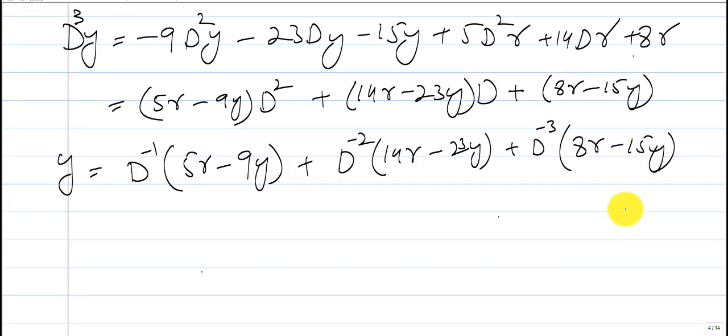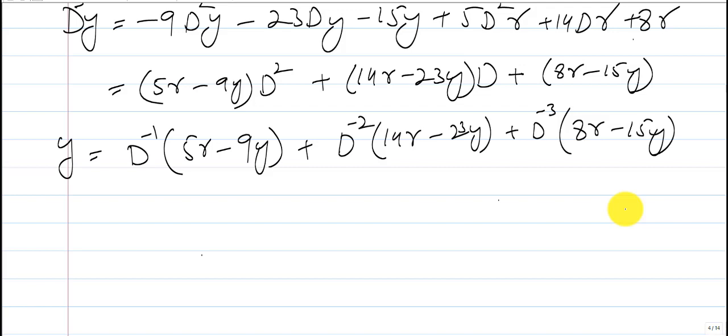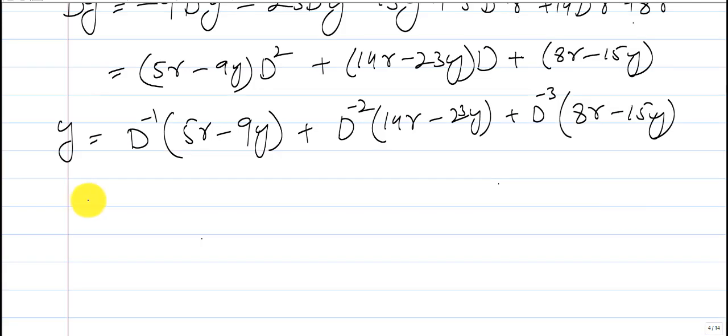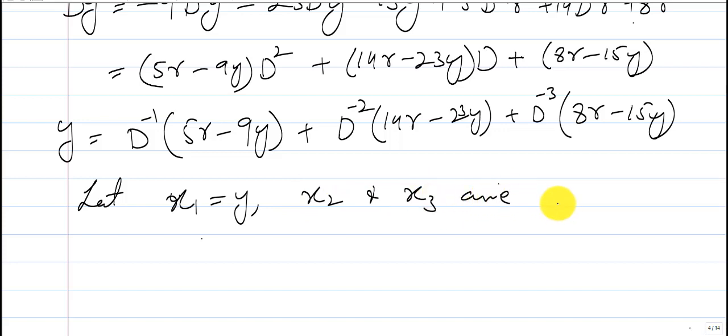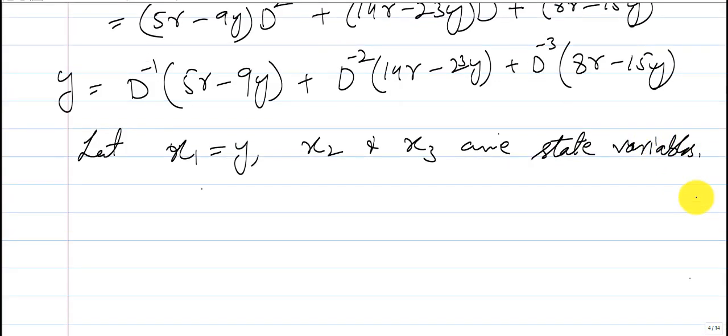Now let's define some state variables. We define x1 equal to y, and then x2 and x3 are the other state variables.